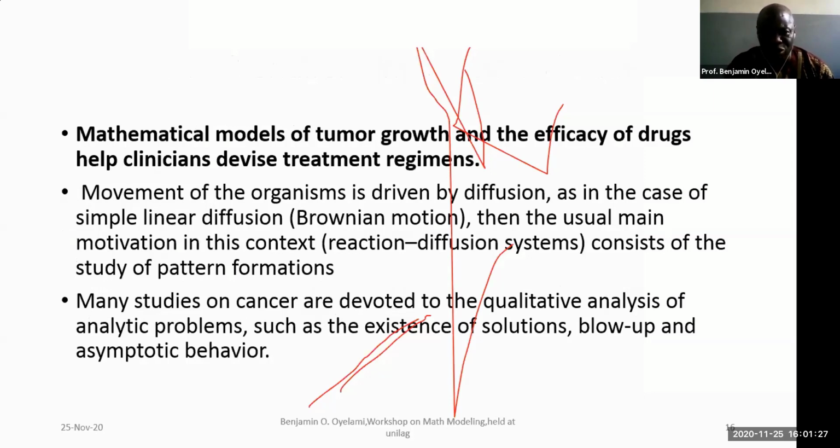Mathematical modeling of tumors and their efficiency helps clinicians to design treatment and regimen options and all those sorts of things. So we use different kinds of things like simple Brownian motion.